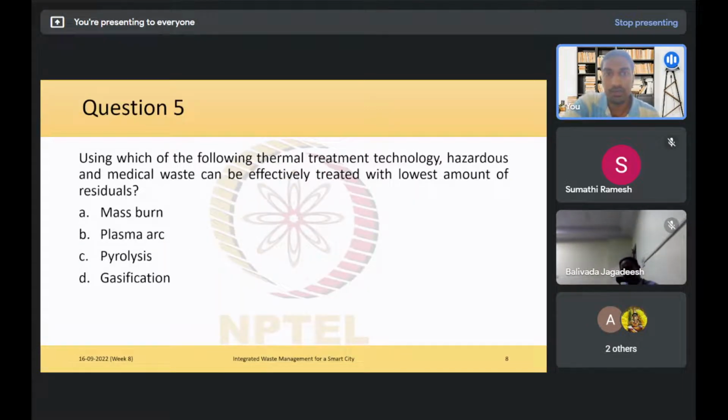So question 5, again it's a related one. Using which of the following thermal treatment technology, hazardous and medical waste can be effectively treated with the lowest amount of residuals? So the options are mass burn, plasma arc, pyrolysis, and gasification.